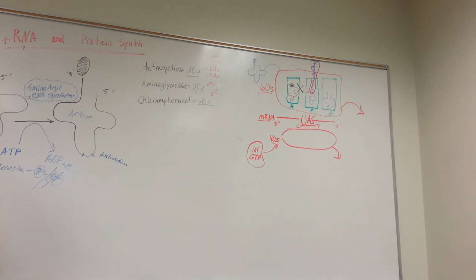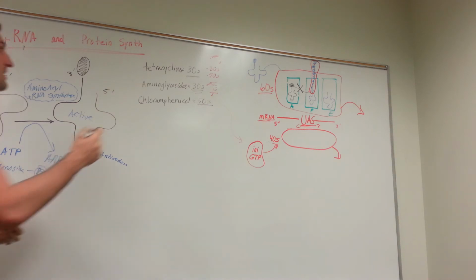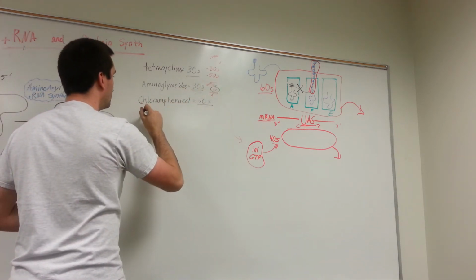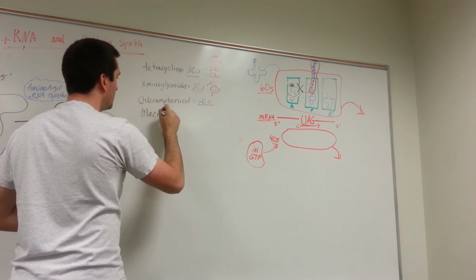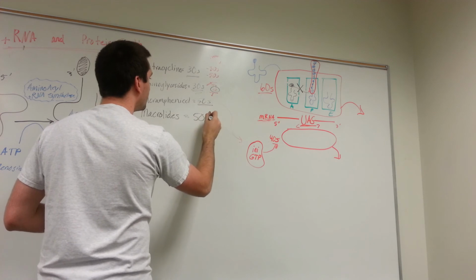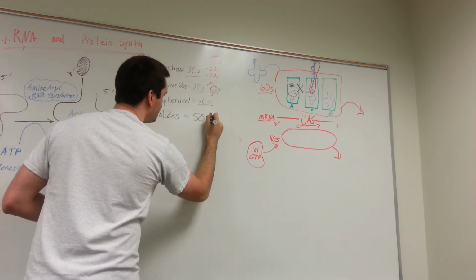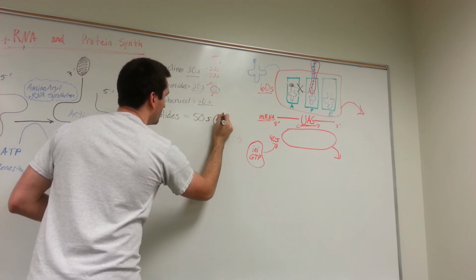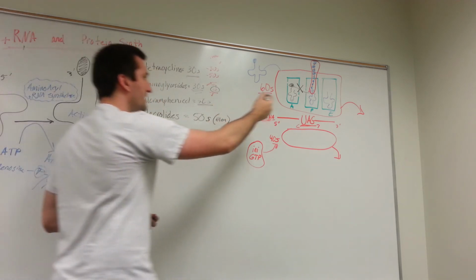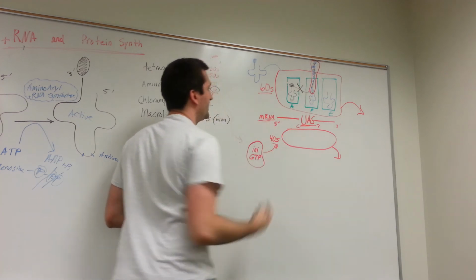Next, we've got the macrolides. Macrolides are going to block the elongation process of protein synthesis. So like I said, we've got three different phases. Macrolides are going to affect the elongation, so we're not able to elongate this chain as well.